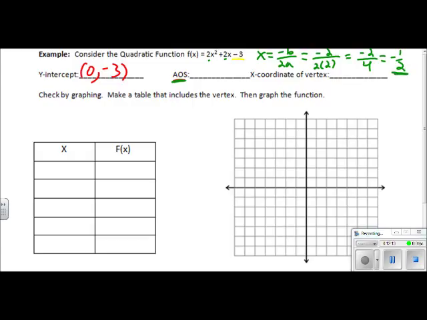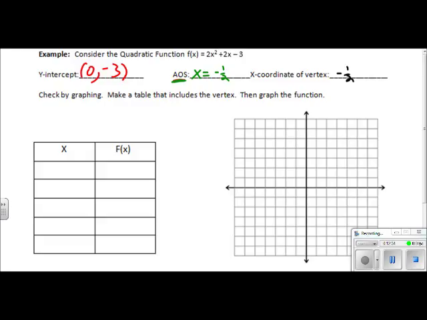So that is the x value. So our axis of symmetry is at x equals negative 1/2. The x-coordinate of the vertex, which we found over here, is just the negative 1/2. So we can get rid of this work, get that out of our way.